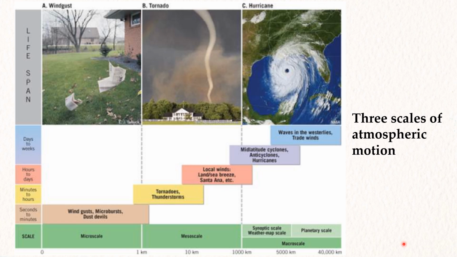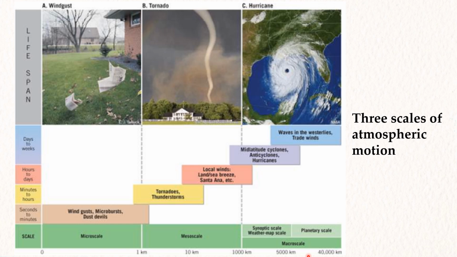So for the mesoscale, again, tornado-producing supercell thunderstorms exemplify the mesoscale wind system as shown in this picture. Next to it is the hurricane. What you can see here is the satellite image of a hurricane, which is an example of macro scale circulation, or the weather map scale.